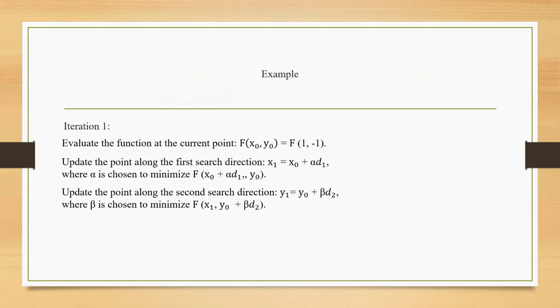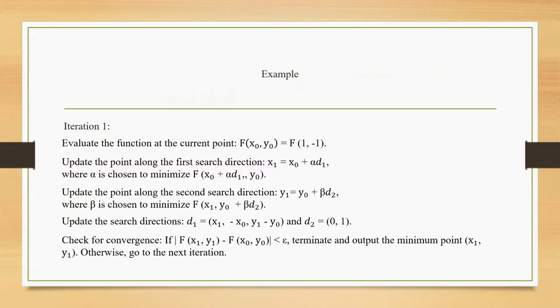Update the point along the second direction, y1 equal to y0 plus beta d2, where beta is chosen to minimize f(x1, y0 plus beta d2). Update the directions: d1 equal to (x1 minus x0, y1 minus y0), and d2 equal to (0, 1).